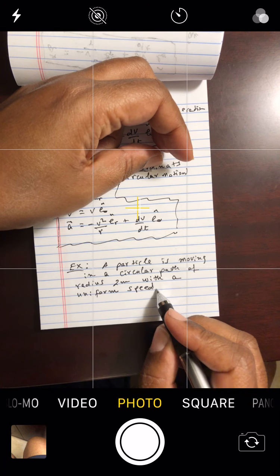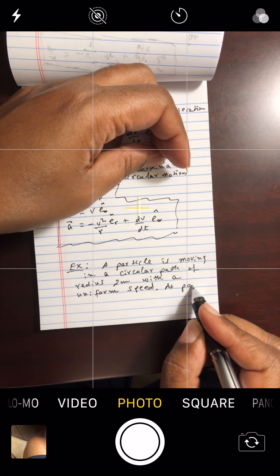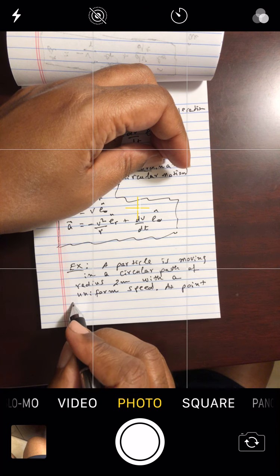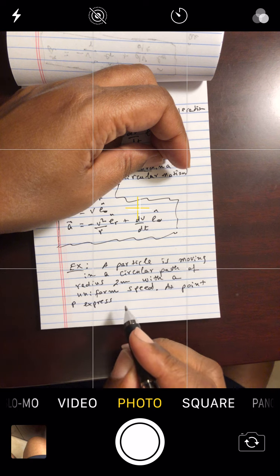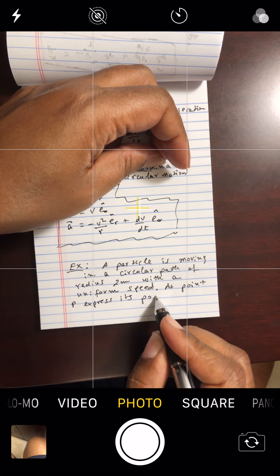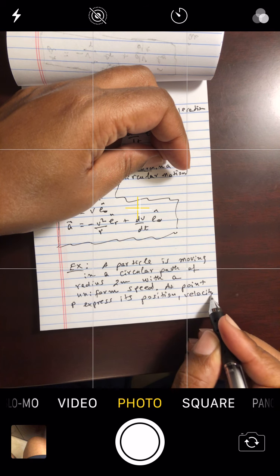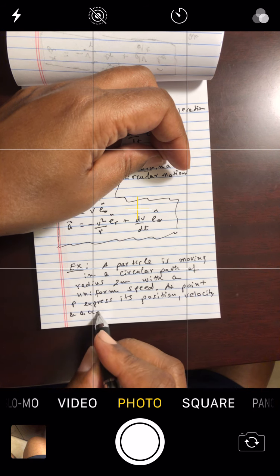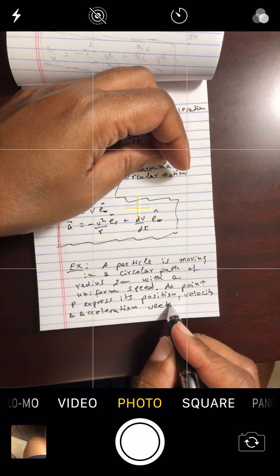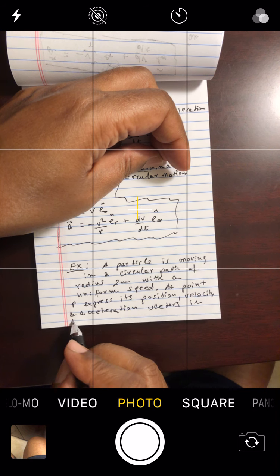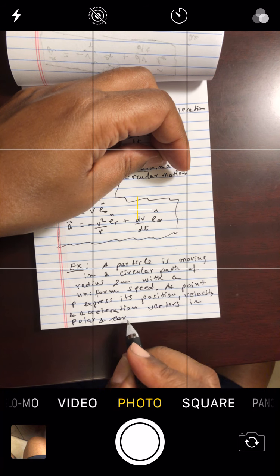The question is, at point P, express its position vector, velocity vector, and acceleration vectors in polar and Cartesian unit vectors.